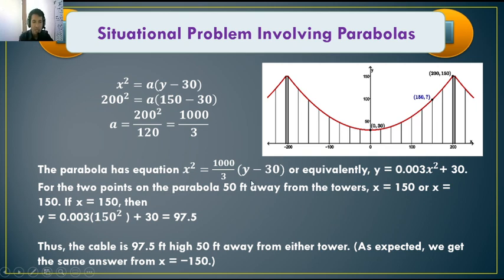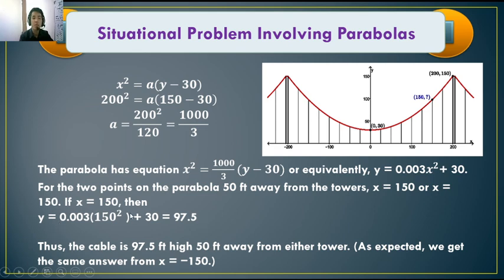And then after that, we have two points on the parabola here, 50 feet away from the tower: x is equal to 150, or x is equal to negative 150. If x is 150, we substitute it into this equation to get the value of y.